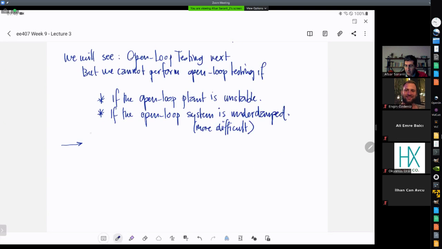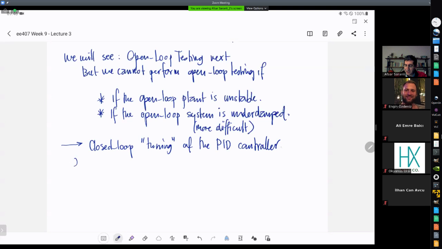Okay, so this is known as closed loop tuning of the PID controller. Obviously, this can also be done with a computer in an optimization manner, as we have discussed before.